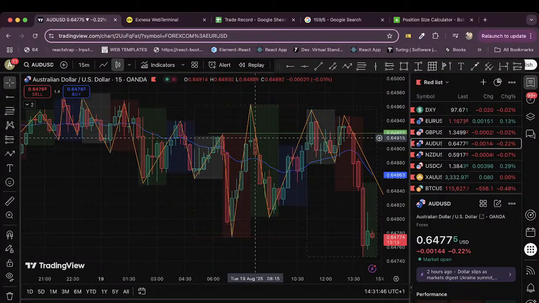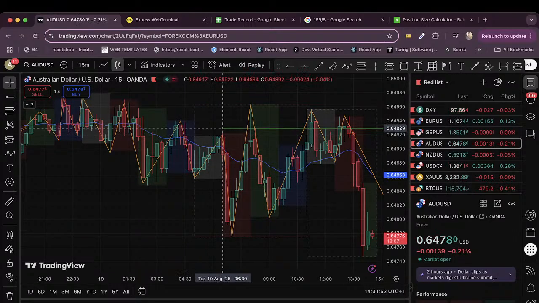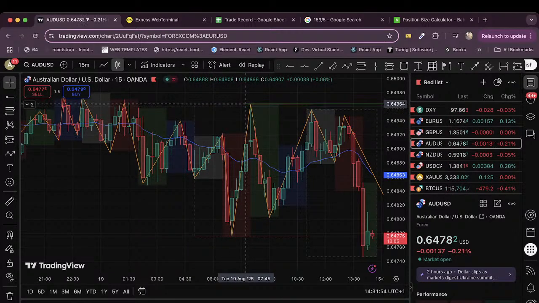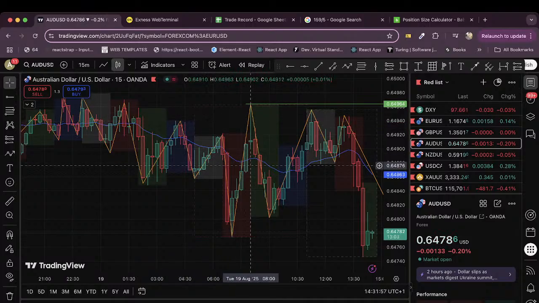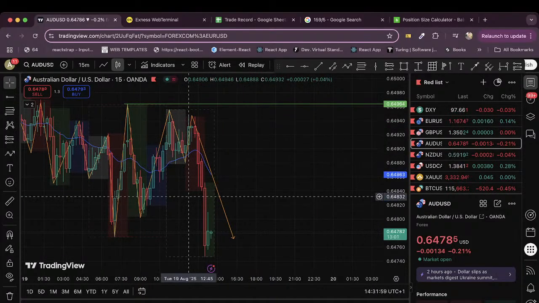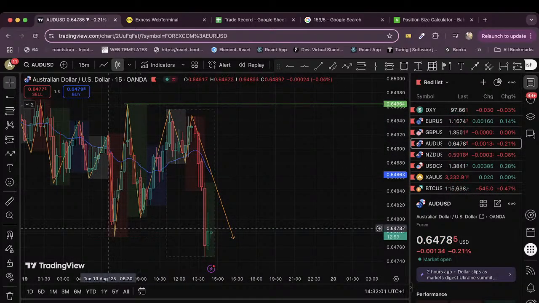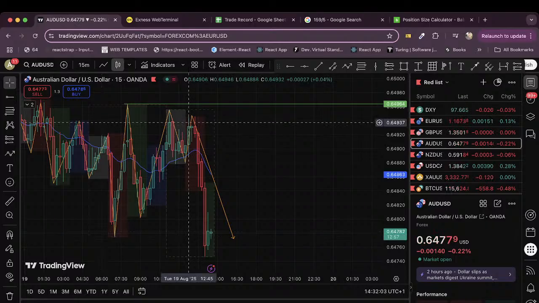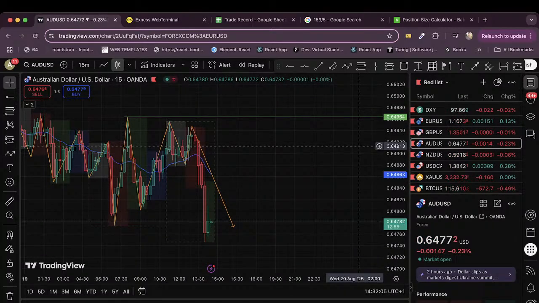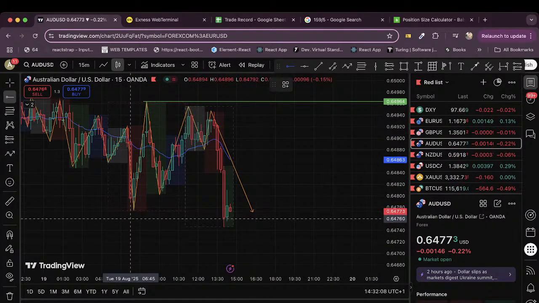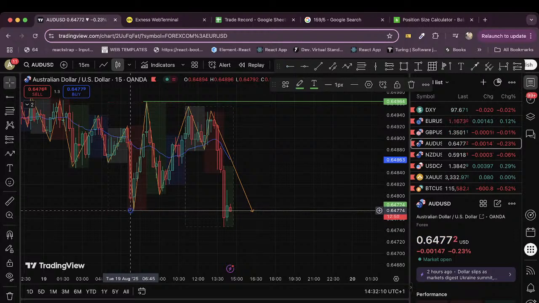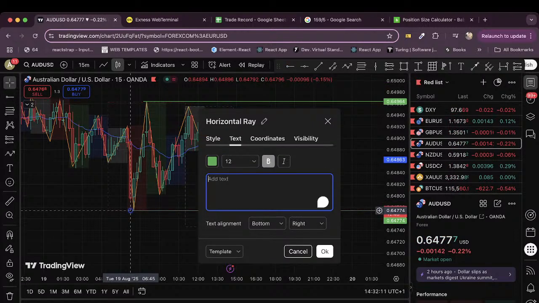You can see there was an attempt to break out of it here, but they did manage to close above it. So for me, I would consider this to be our main high, but the market is still bearish. If that's our main high, this will be our main low, and you can see how the market broke that low. I'll call this bottom.